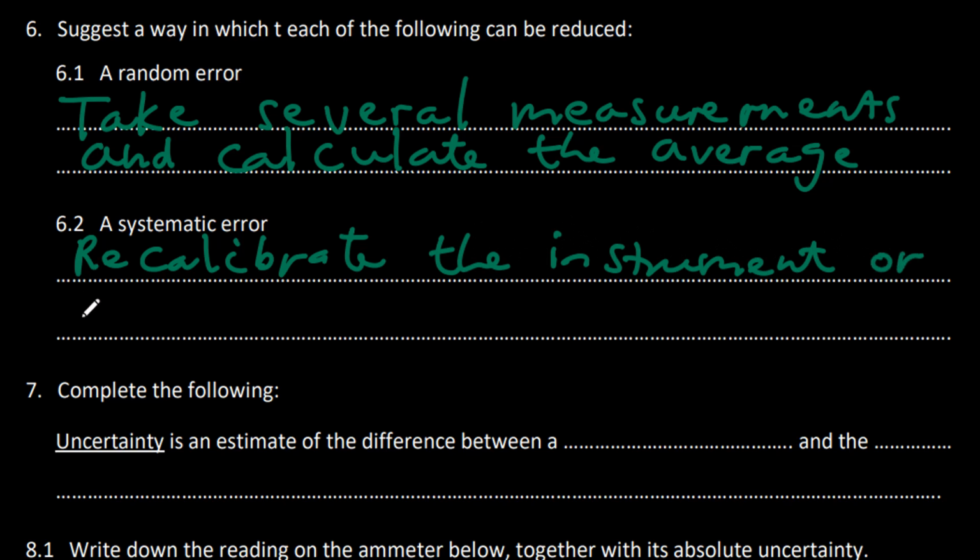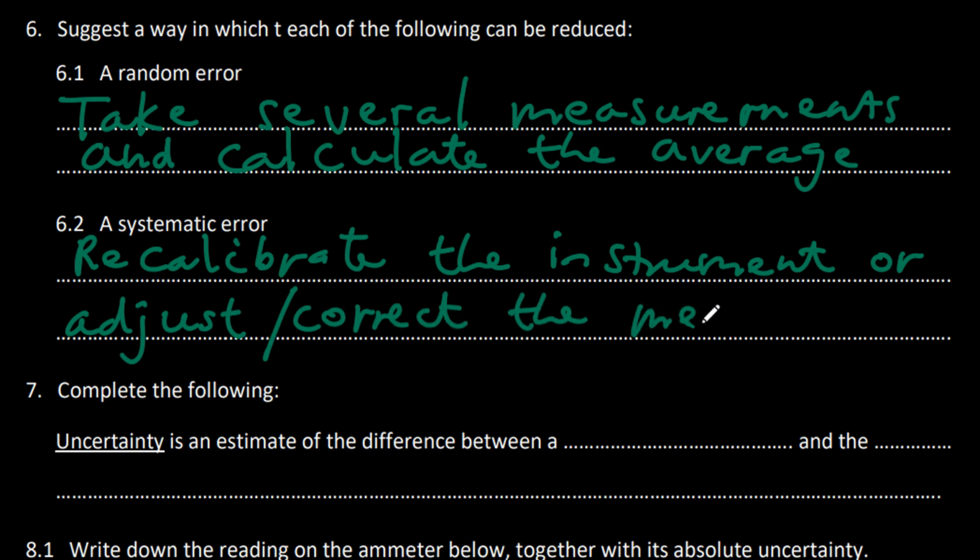Or adjust or correct the experimental method. Remember that a systematic error arises either from faulty instruments, in which case we can recalibrate the instrument. It could also result from an incorrect experimental method, in which case we can adjust or correct the method.